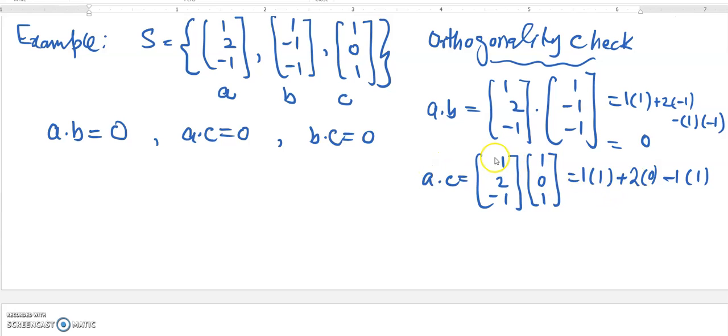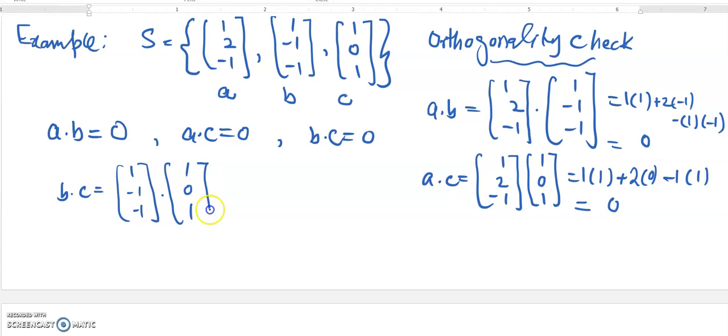So continuing from the previous video clip, this will be 1 minus 1, that is 0, and then b dot c. So b is 1, minus 1, minus 1, and then c, that is 1 0 1.